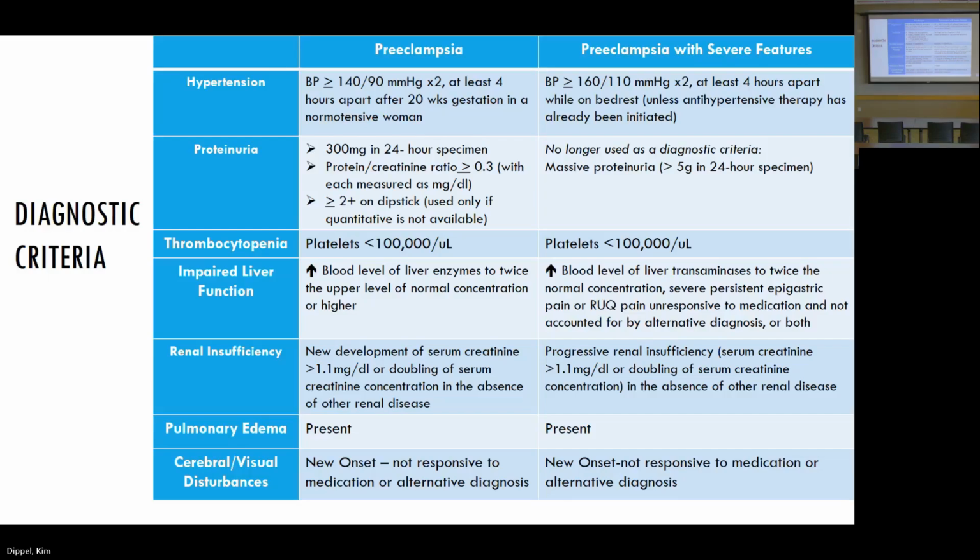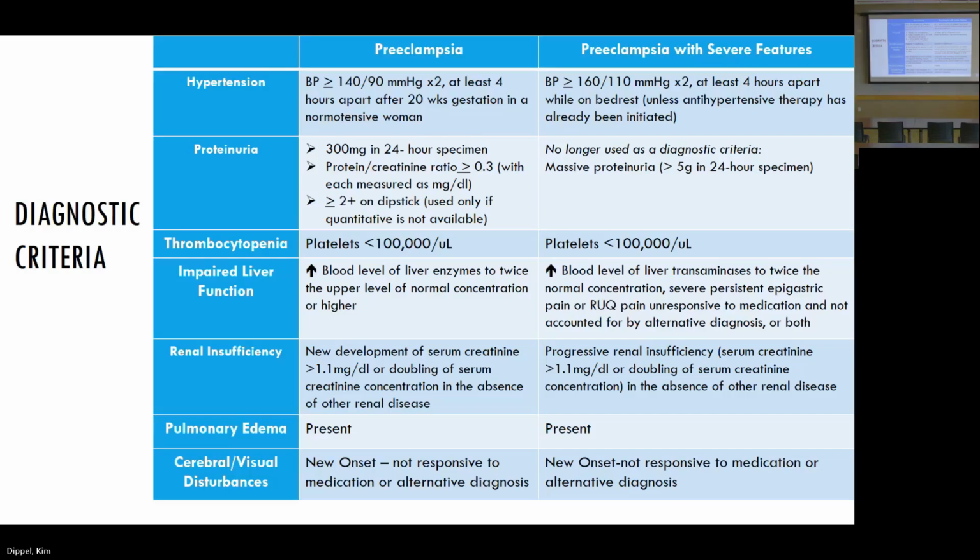Those are twice, at least 4 hours apart, while on bed rest, unless antihypertensive therapy has already been initiated. As we know in our hospital setting, in our hypertensive protocols, we try and treat within 15 minutes on that second elevated blood pressure if the systolic is above 160 and/or the diastolic is above 110.